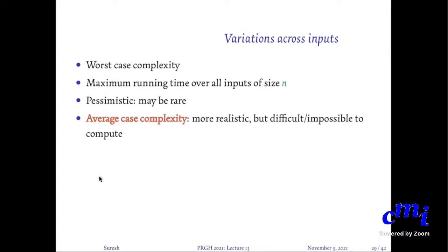And so in many cases, if you say that my pessimistic estimate is that this function will run in time proportional to the square of the length of the input, you might be willing to live with it. Even if my pessimistic estimate is this, on average it might be much faster. I will not be able to calculate it precisely because I might not have the mathematical tools to do that. But I'm willing to just go with this. It is fine as long as the pessimistic estimate is this much, because then on average, it is only going to be better.